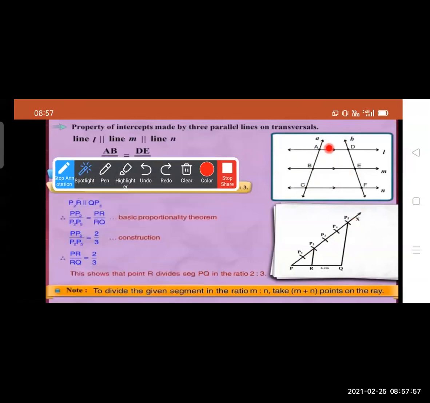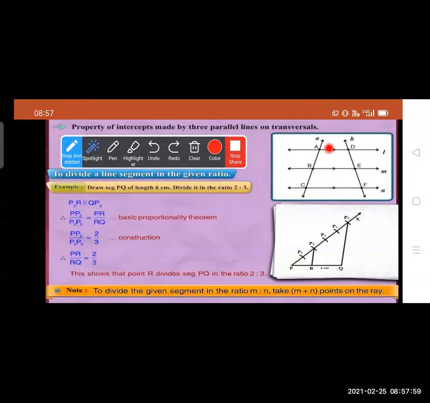So say in the second figure, this line segment PQ and this point R divides this line internally in some ratio. We say the ratio 1:2, 2:3, like that. So this point R divides the line segment PQ internally in the ratio m:n.